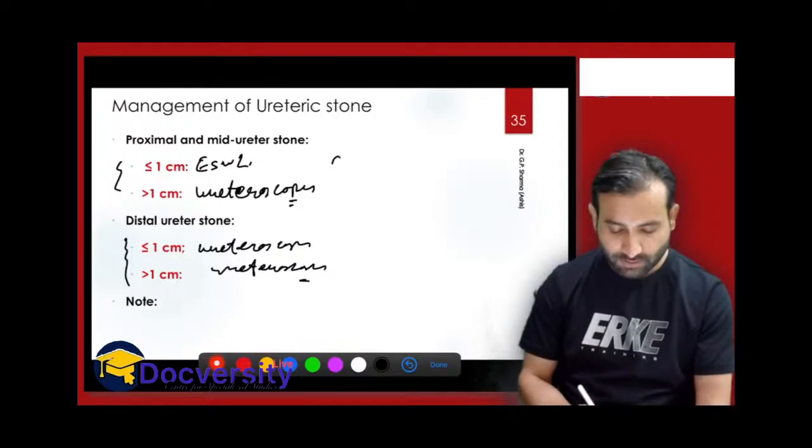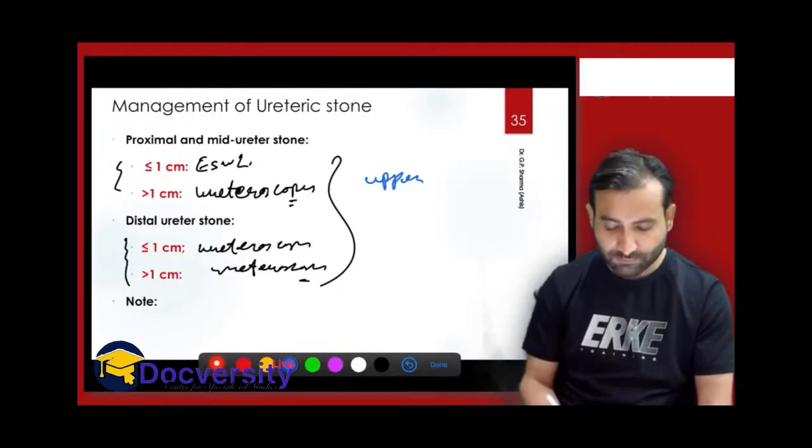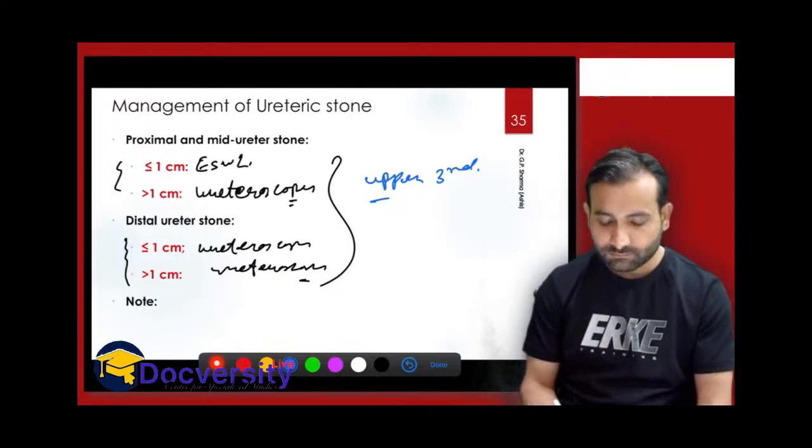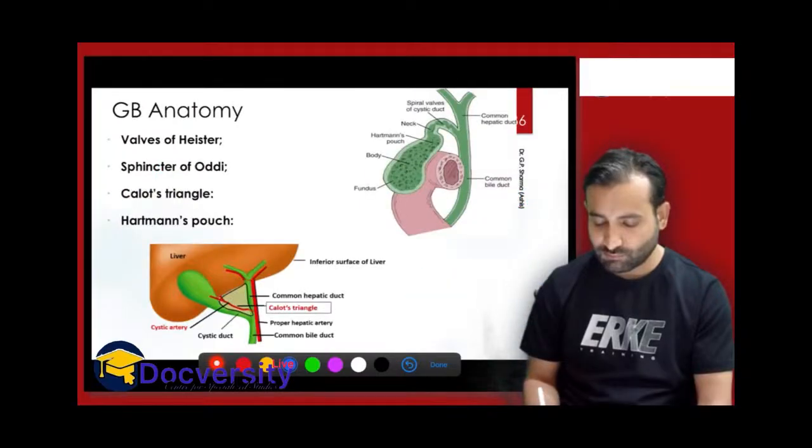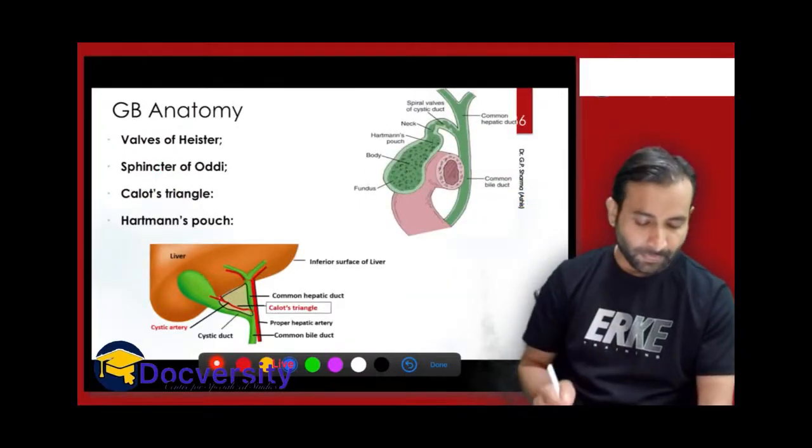Remember, in the ureteric stone, only upper third or the middle third, and size less or equal to 1 centimeter, then only we use ESWL. Rest of other cases, always we use ureteroscopy. Hope you understand, right?